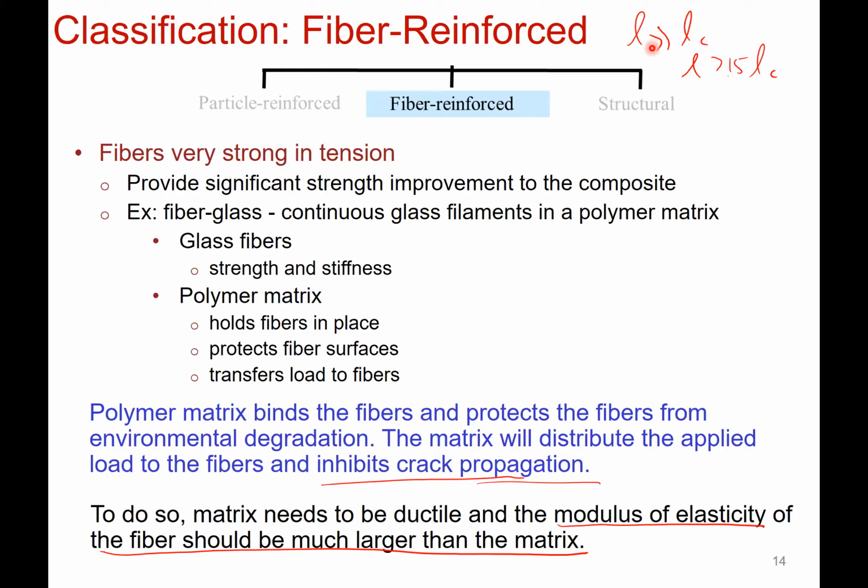If the length of your fiber is much greater than the critical length, we call that continuous. If it's 15 times the critical length, that's definitely continuous. If it's discontinuous, that just means it can be slightly greater, but not 15 times that, or the length is shorter than the critical length. Both could be discontinuous.